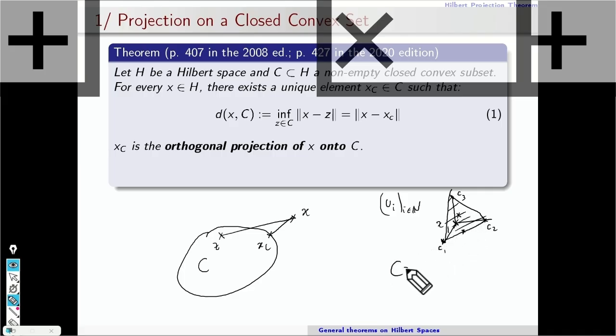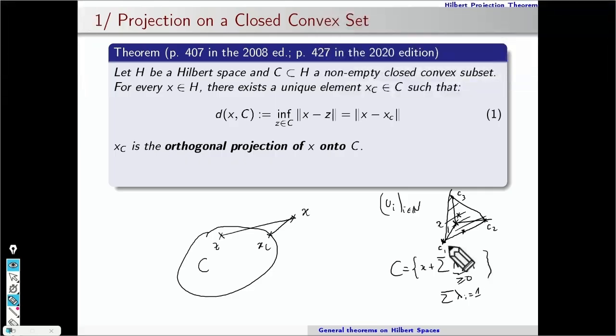So the idea now is to consider the convex subset generated by this infinite family of vectors. Here I do convex combinations where the coefficients are positive and add up to 1. So we have points whose distance to X converges to a minimum.